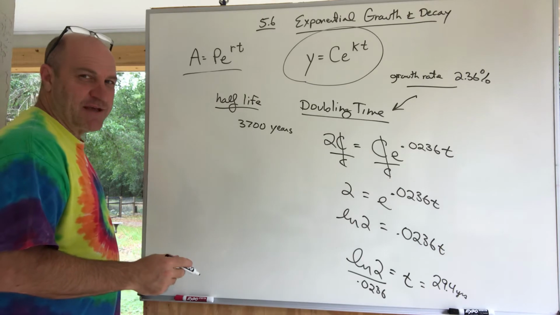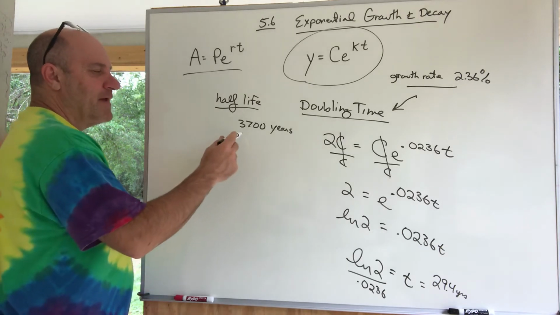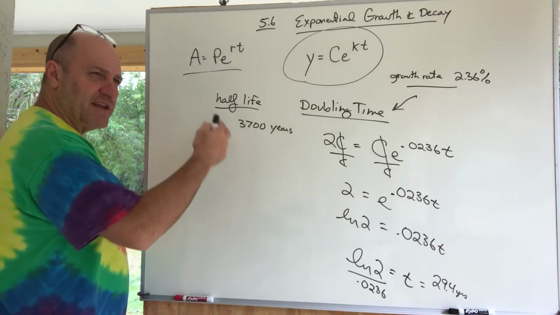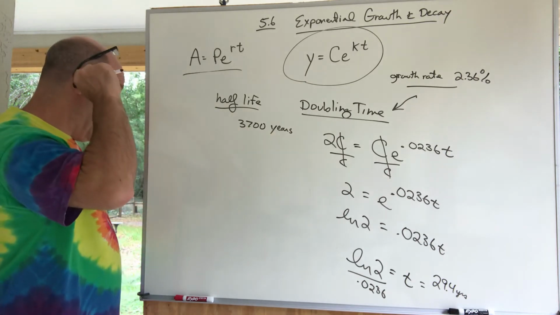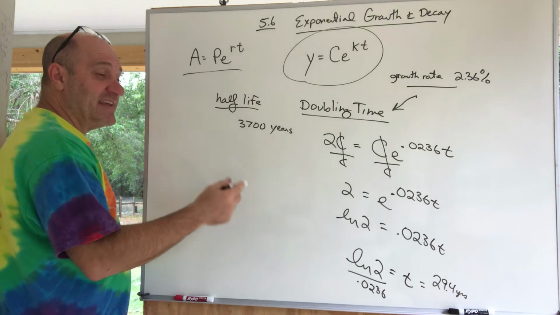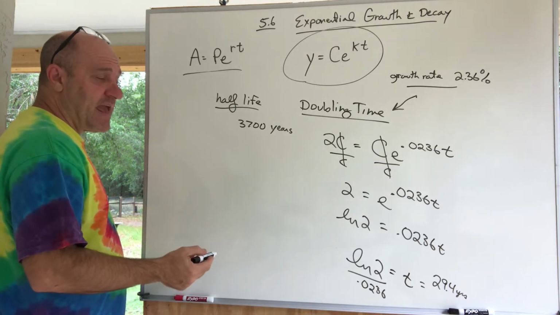I'm not sure what kind of substance this is. It's radioactive and it's losing half its stuff every 3,700 years. Can you find the decay rate?